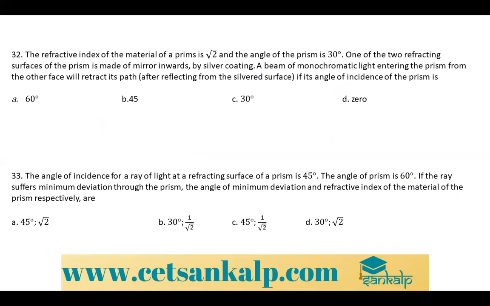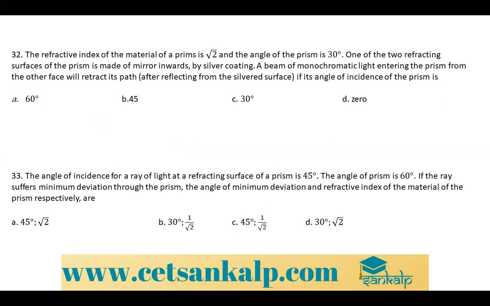The refractive index of the material of a prism is root 2 and the angle of prism is 30 degree. One of the two refracting surfaces of the prism is made up of mirror inwards by silver coating.